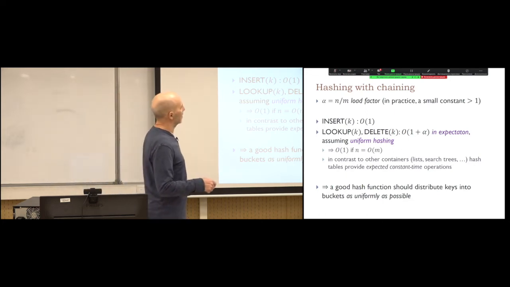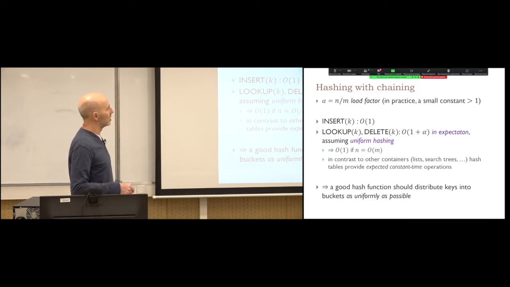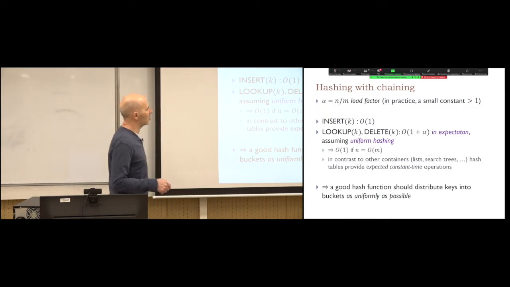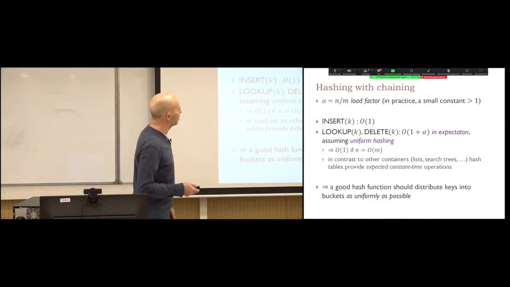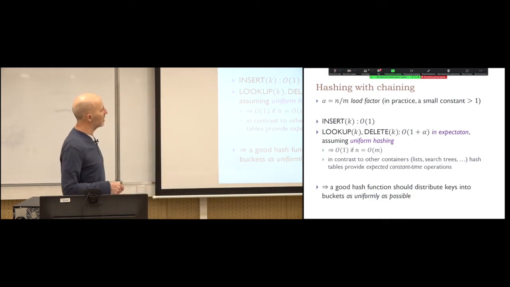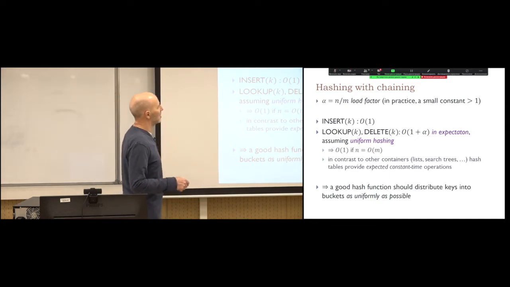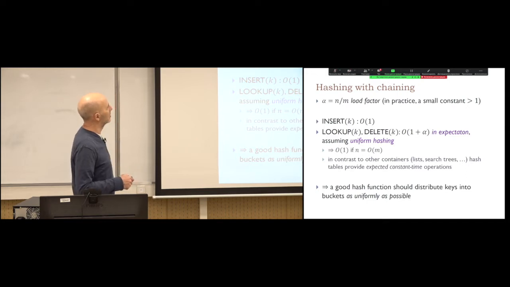And if we assume that each object has the same probability of being mapped to each bucket, the so-called uniform hashing hypothesis, then the lookup and deletion take time 1 plus alpha, where alpha is the average number of objects per bucket.